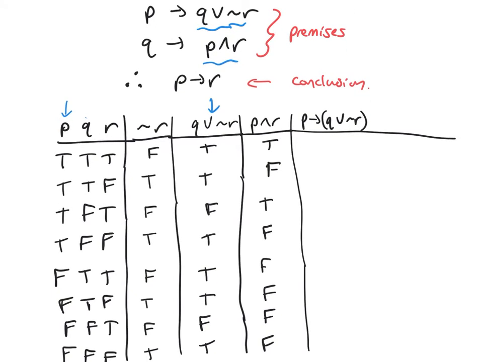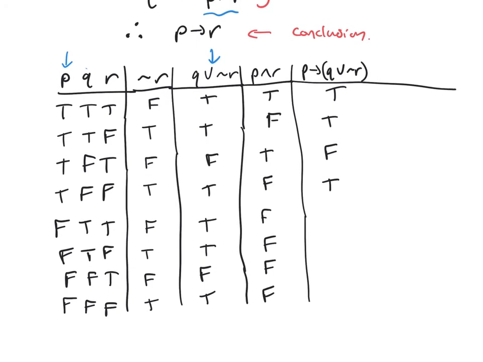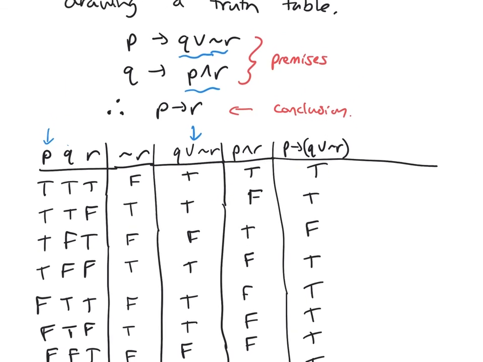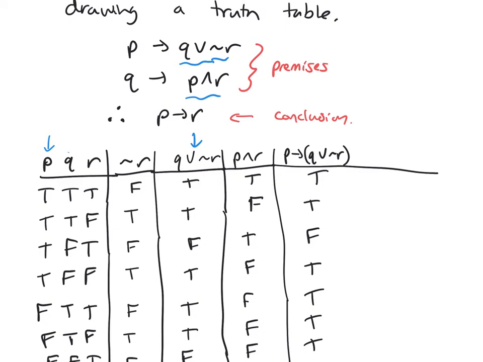So here, true, true would be true, true, and then false would be false. True, true would be true, and then the remaining 4 are true because the first one is false. So that's our first premise.